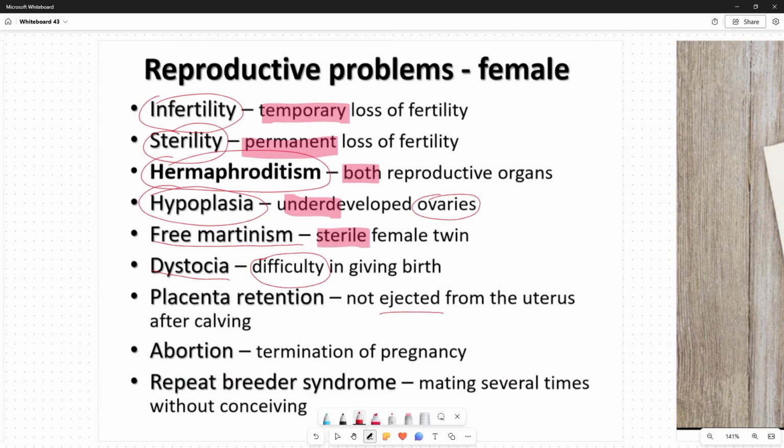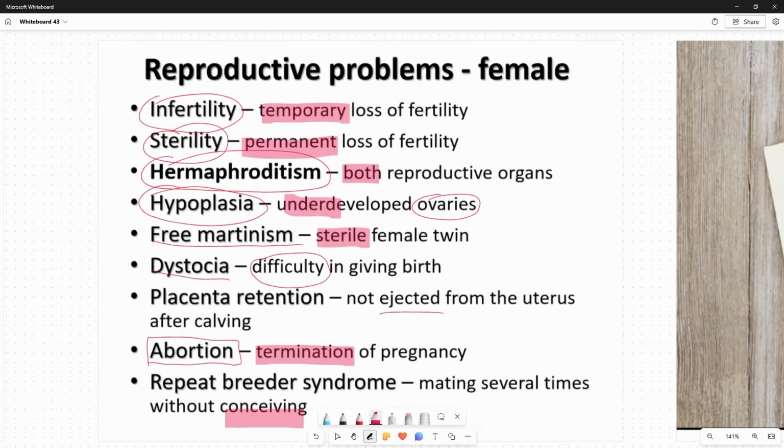And then the other one, during pregnancy season, due to various factors, the pregnancy can be terminated. So the problem is called abortion. If pregnancy is terminated before calving, maybe due to animal poison or stress, drought. There are many factors that can cause abortion, or maybe the animal, you mishandled the animal.